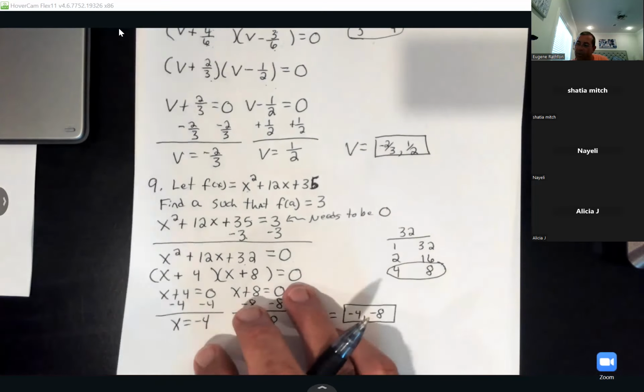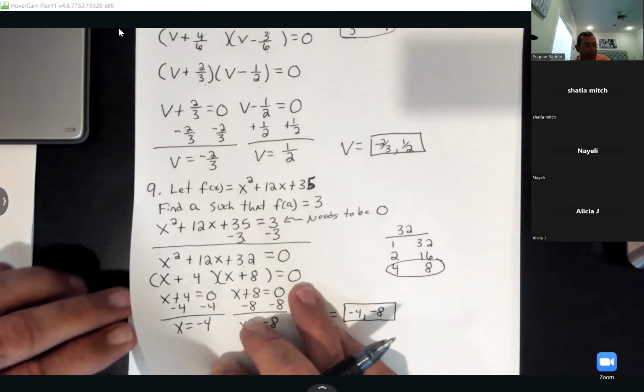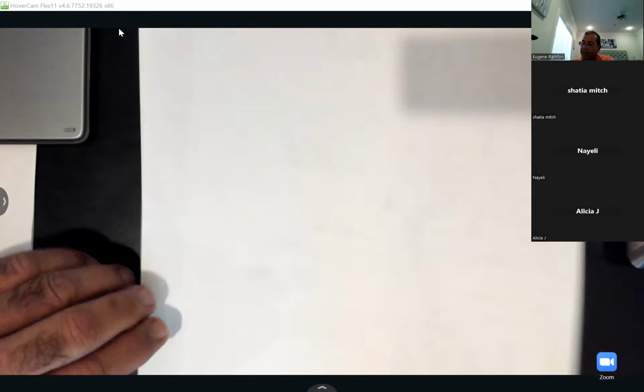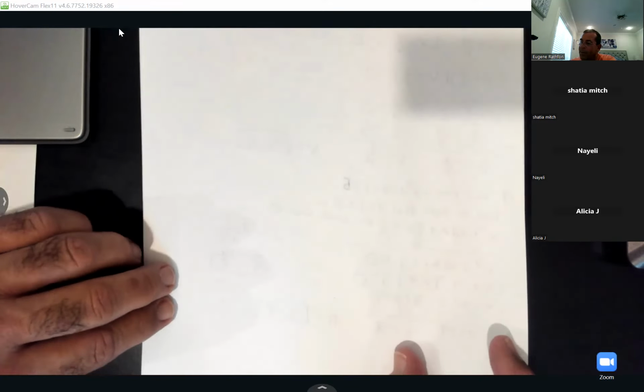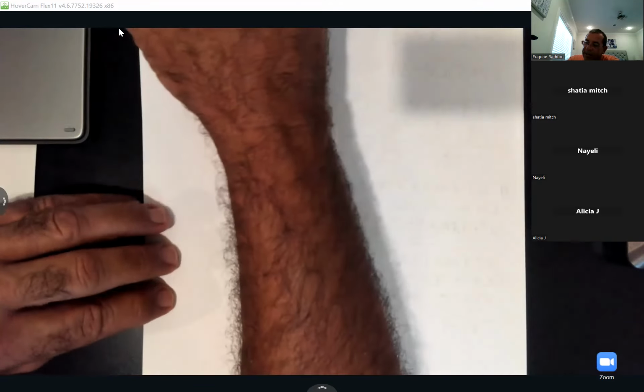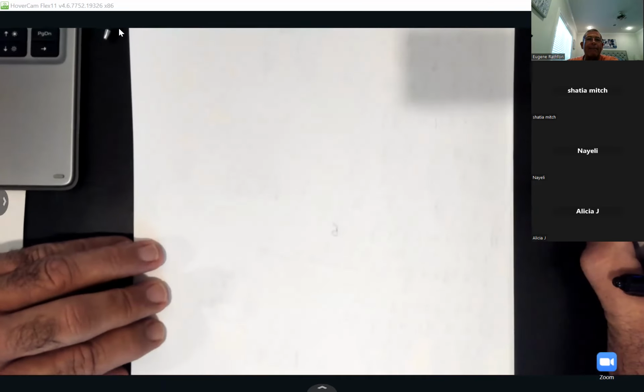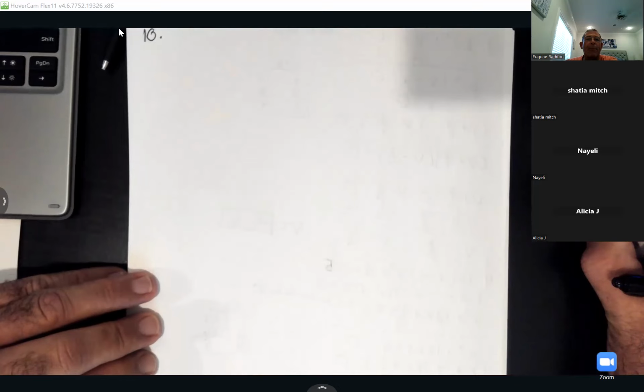All right, y'all, we got one more to go. So there was only 10 in this section. But these equations are a little tricky, so that's why we only had 10, okay? Let me move back up here.